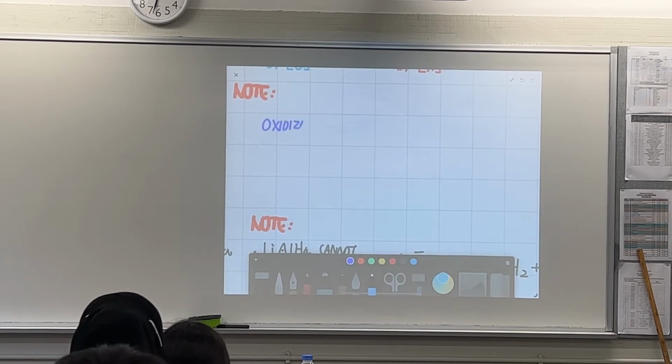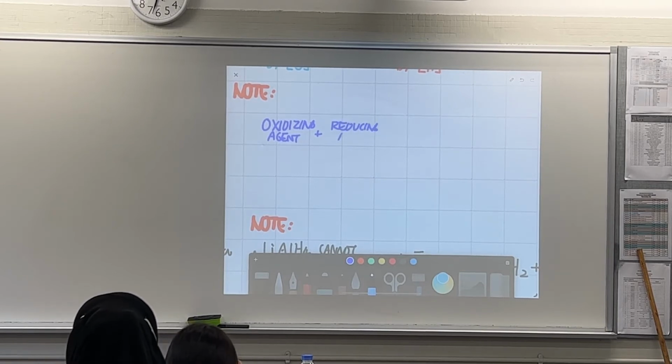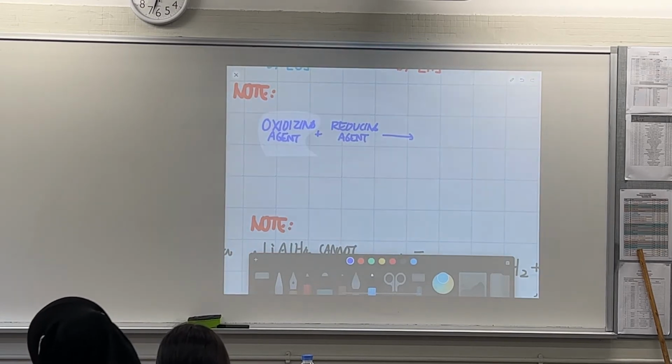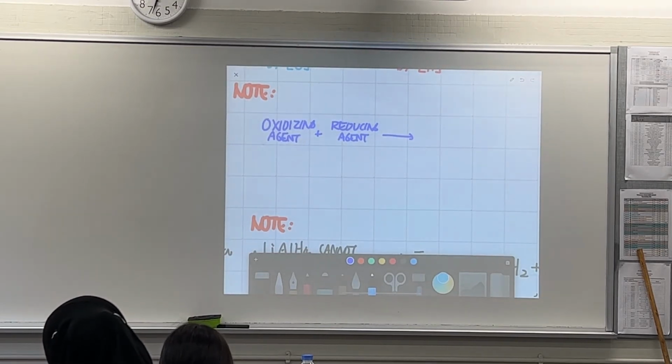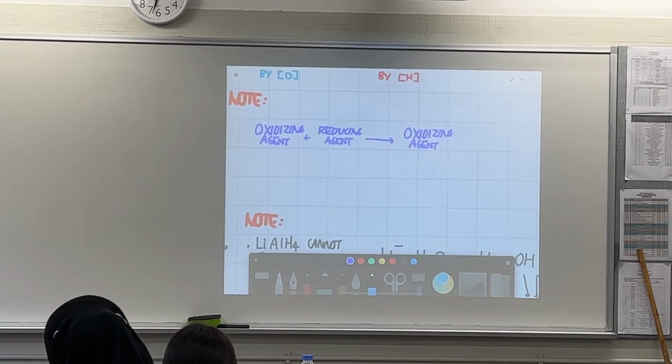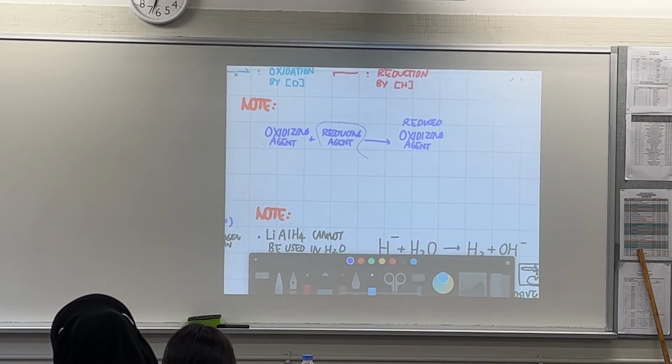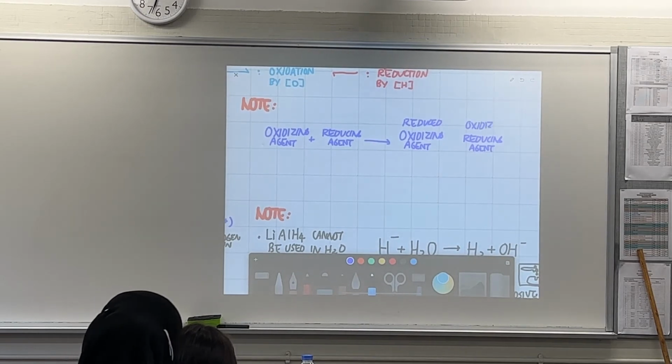When an oxidizing agent reacts with a reducing agent, what will happen to them? The oxidizing agent will be reduced, and it's like karma. Okay, when you oxidize others, you will be reduced. Okay, like you have a price to pay. Okay, so this is reduced. And when the reducing agent reduces other guy, itself is oxidized.